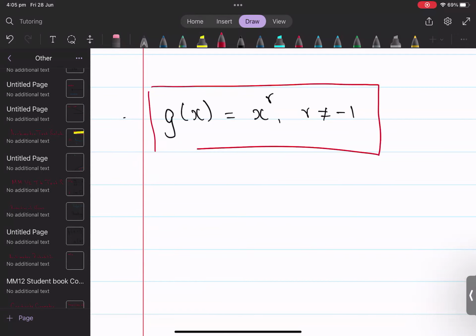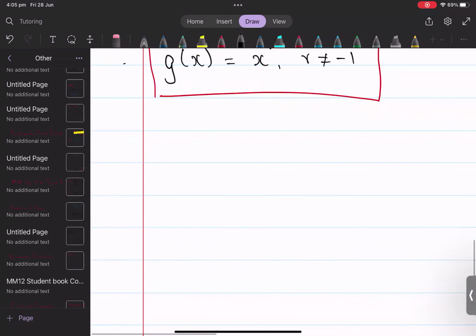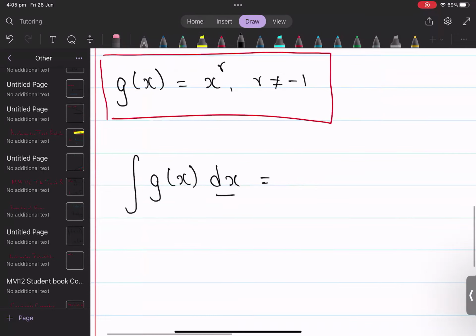If we have a function that looks like this, then the antiderivative of g of x, don't forget the dx, is equal to an antiderivative of x to the r dx.